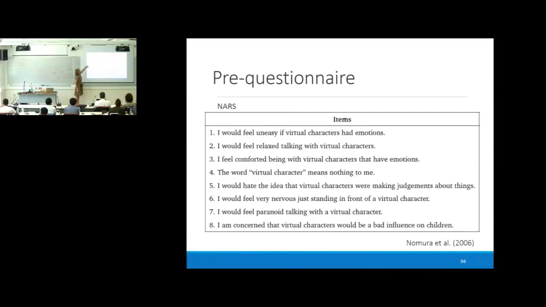So, for example, before seeing the agent, we ask: I would feel uneasy if the virtual agent had emotion. I would feel relaxed talking with virtual characters. I feel comforted being with virtual characters that have emotion, and things like that. So it's all the a priori one can have about the virtual agent.